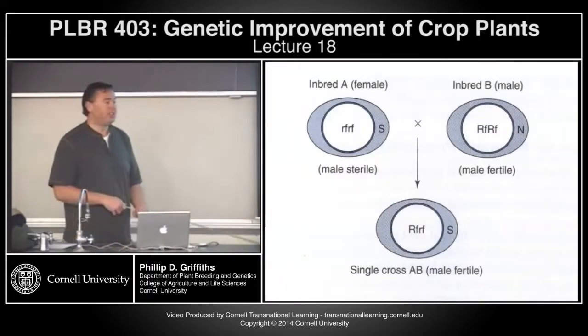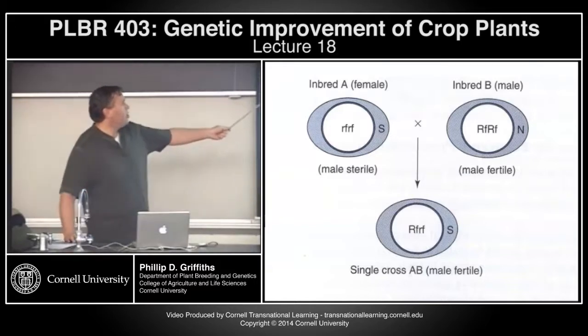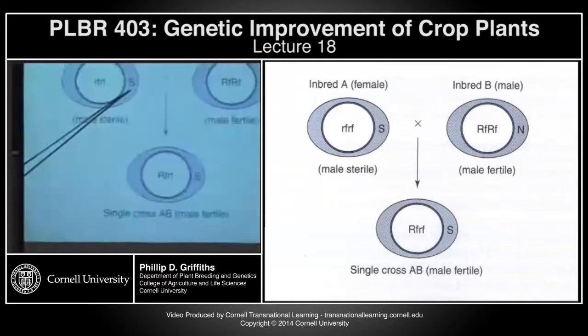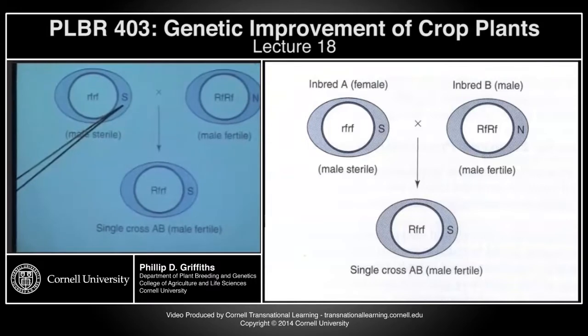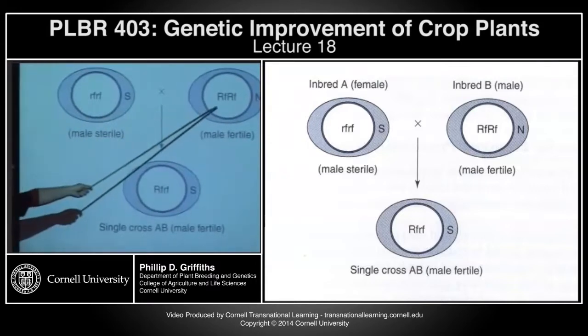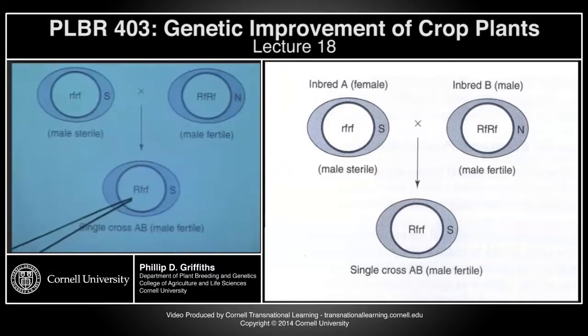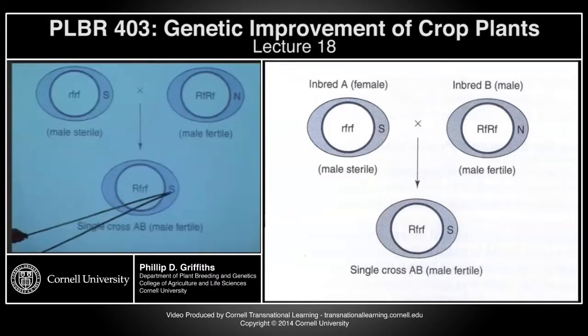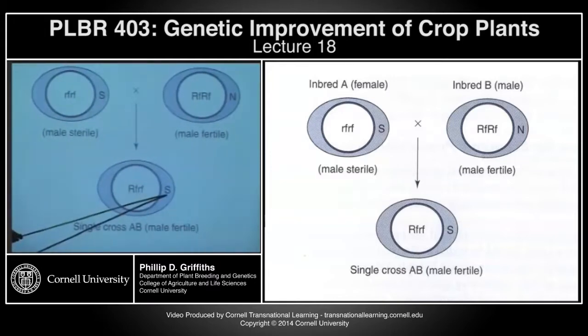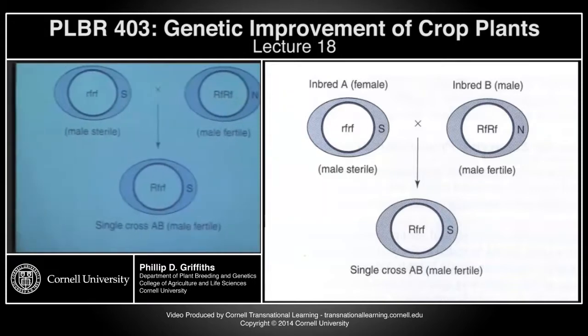This is illustrated in this diagram, where we have the sterile cytoplasm, and a restorer gene in a normal cytoplasm. When we create the hybrid, the dominant restorer gene restores fertility even though we have the cytoplasmic male sterile cytoplasm.